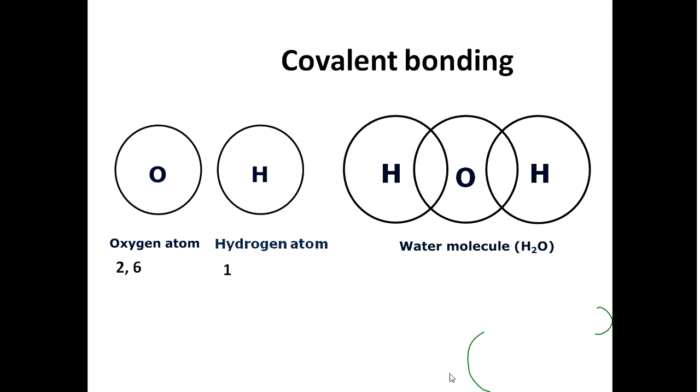Now let's carry out the covalent bonding for water. In order to make water, we have an oxygen atom and hydrogen atoms. Oxygen has 6 outer electrons. Hydrogen has 1 outer electron. And both of them share their electrons to make a stable structure.